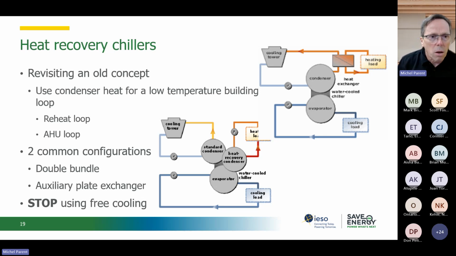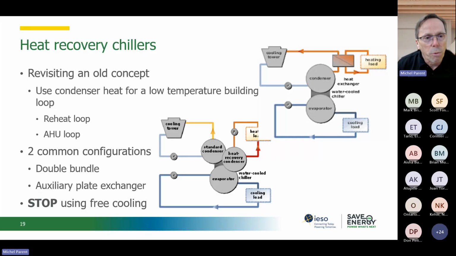I've just audited a large building in Toronto where they are going back to a heat recovery chiller in order to recover all of the heat from the building. Instead of throwing it outside through a cooling tower, they are now using it to heat the building.